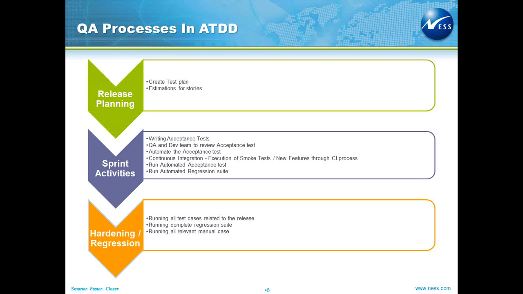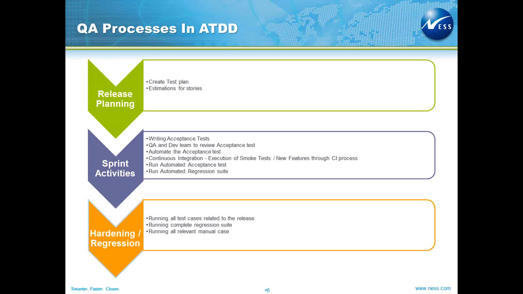The roles and responsibilities of QA in release planning are very important, and this paves the way for a base to be created for your testing throughout the release. This is what we call sprint 0 in any Agile release.